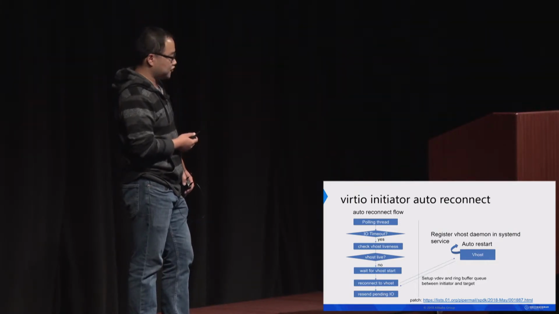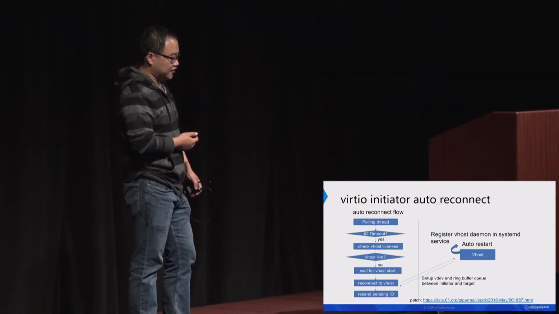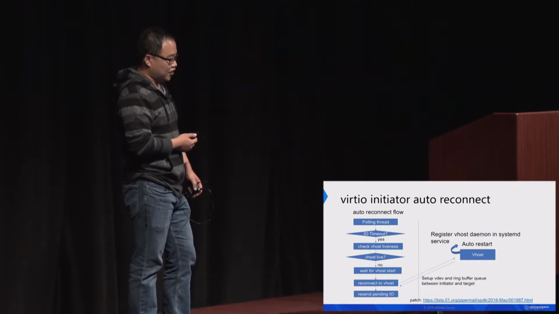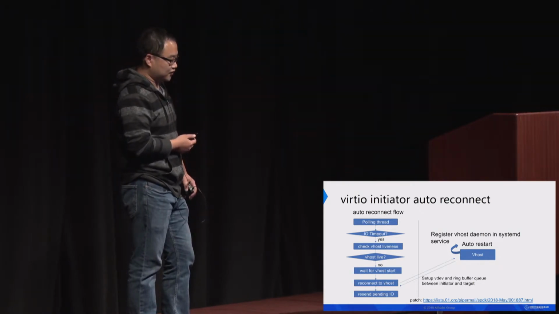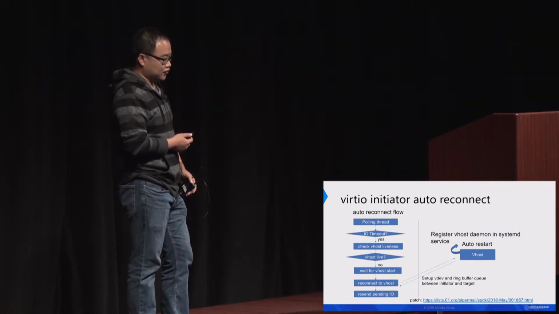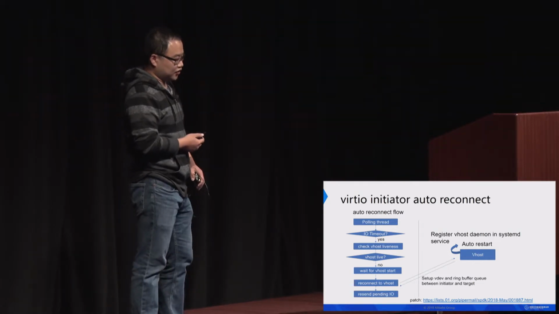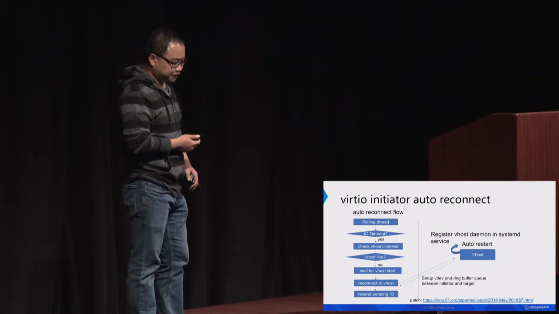Once the vhost process is restarted and initialized, the initiator side will find that this vhost is live now, so we can reconnect to it. When the reconnection is done, we will resend all the pending IO, and all of this is transparent to the applications. That is what happens in the virtio initiator and the bdev code.